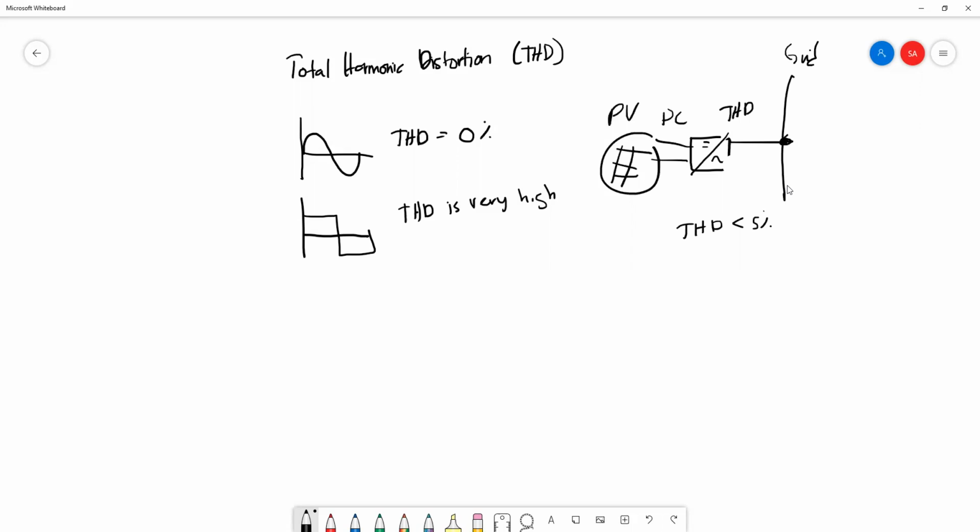So how do we calculate this THD? It's actually very simple. We have the THD of voltage and also the THD of current. Let's go for the THD voltage first.